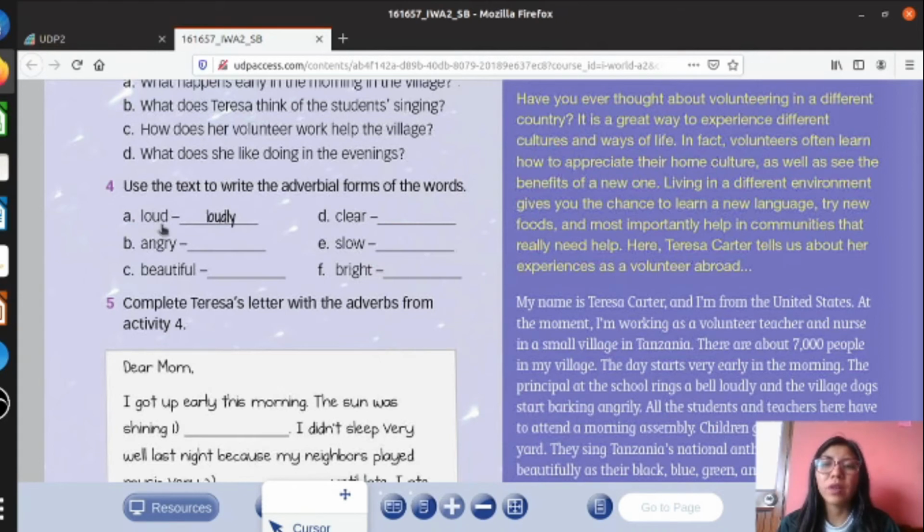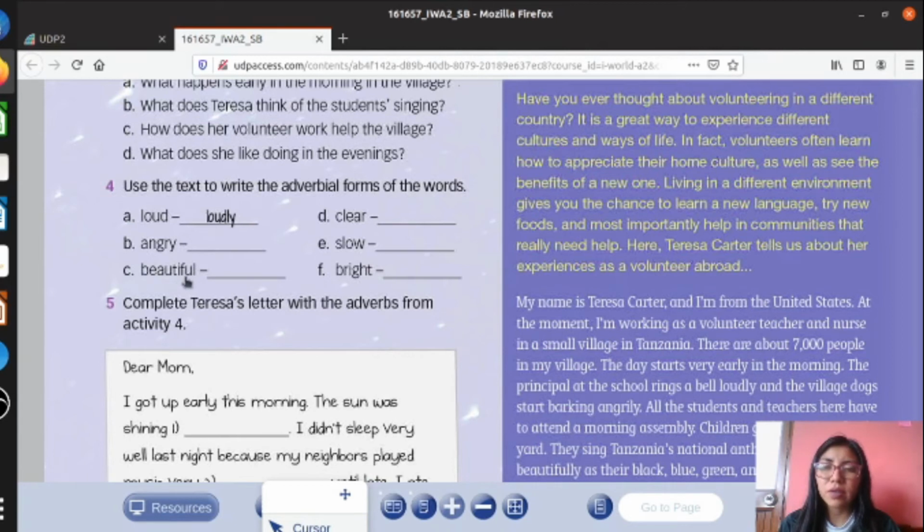Okay, for example, loud, loudly, angry, angrily. Okay, so we only have to add L and Y. Solo vamos a añadir L y Y. Okay, beautiful, beautifully. Okay, in this case I have to double the letter L, ok.